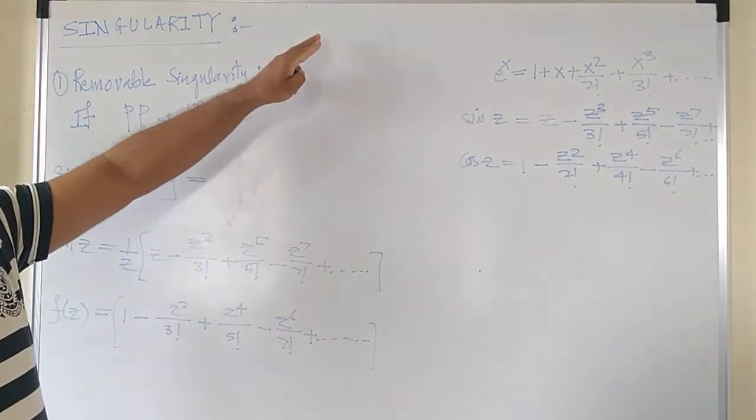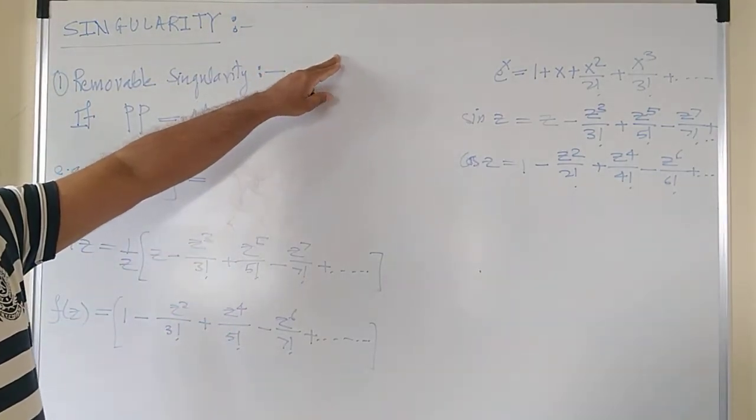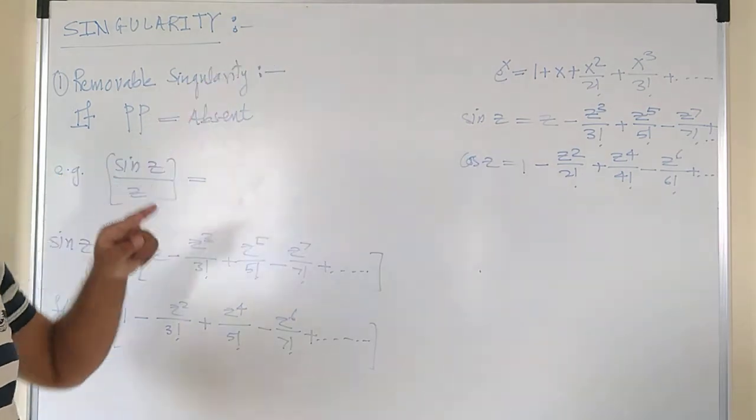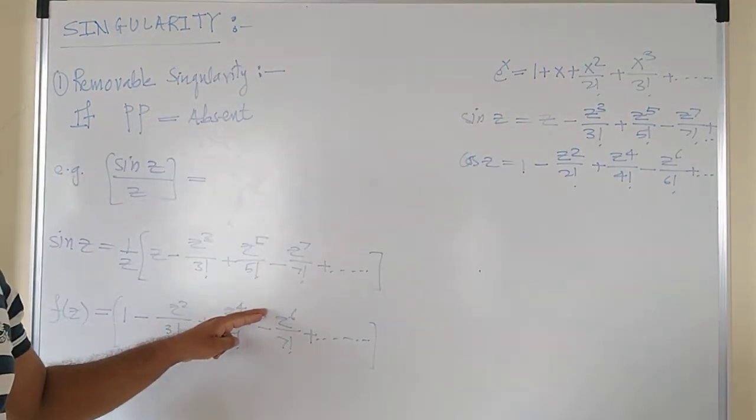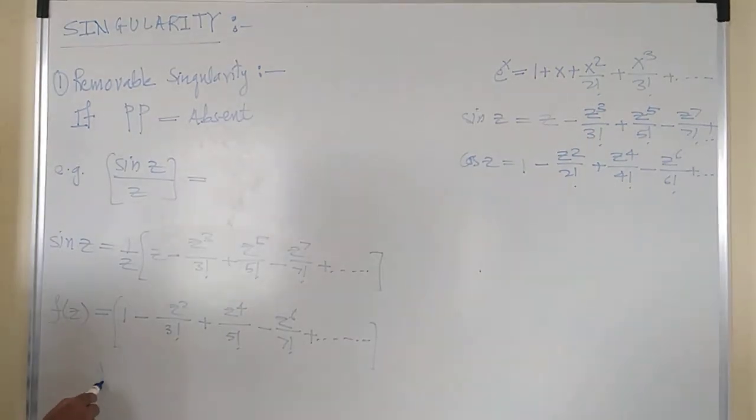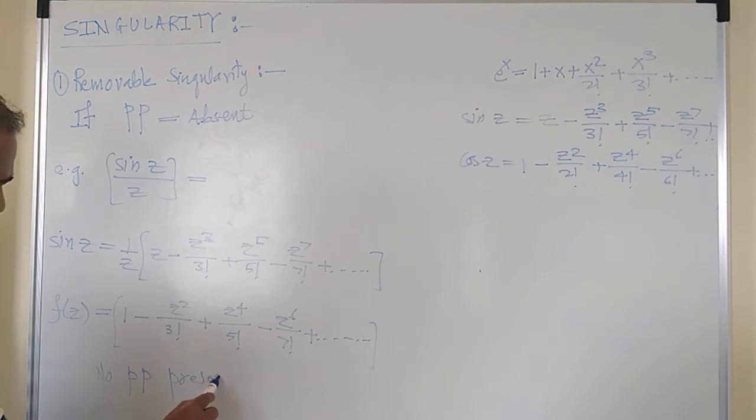What is the series? f of z is equal to summation n equal to 0 to infinity, a_n into (z minus a) raised to power n. The z's exist at the numerator only, not at the denominator. So I can say no principal part is present.